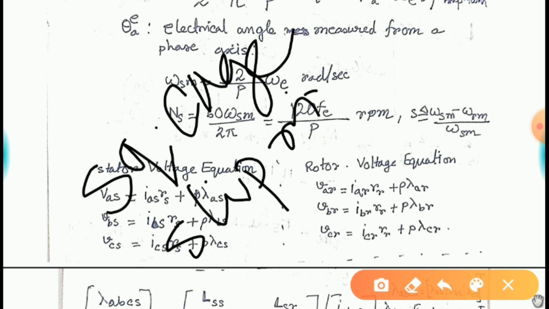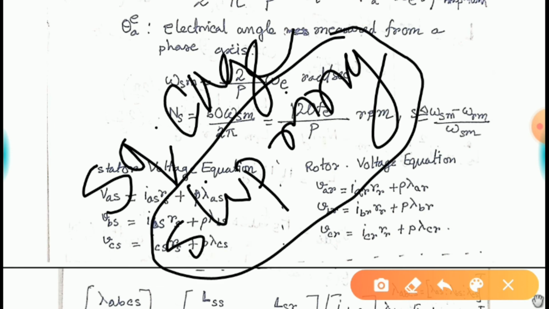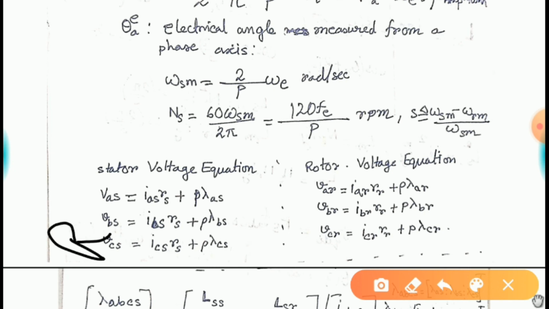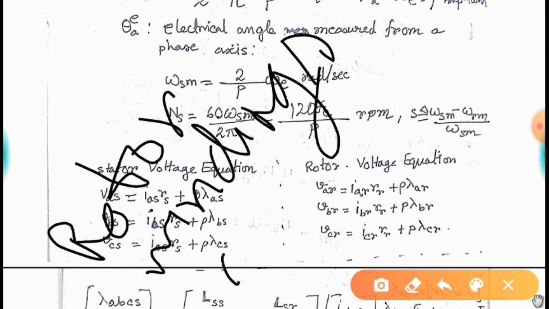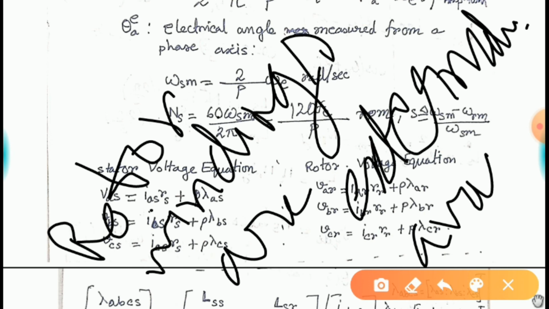The advantage of slip ring is that, in the slip ring induction motor, I'm talking about this one, the rotor windings are externally available.